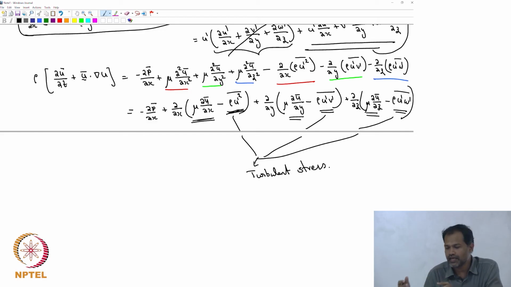Now you have ended up with a similar situation, where there are primed variables which you do not know. Therefore we need something like Newton's law of viscosity, in other words, an expression for the turbulent stress. People have tried to derive various expressions, but none of them are as good as what Newton's law does. We still do not know the best way to do it.